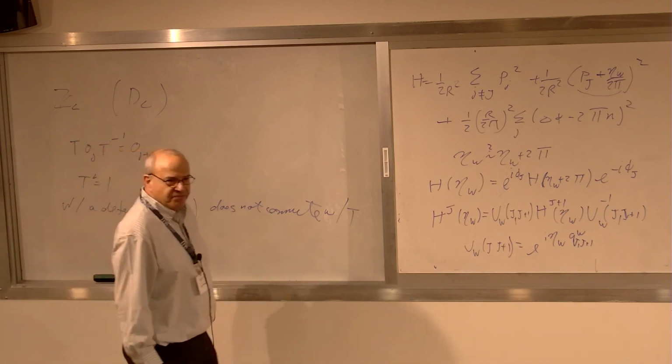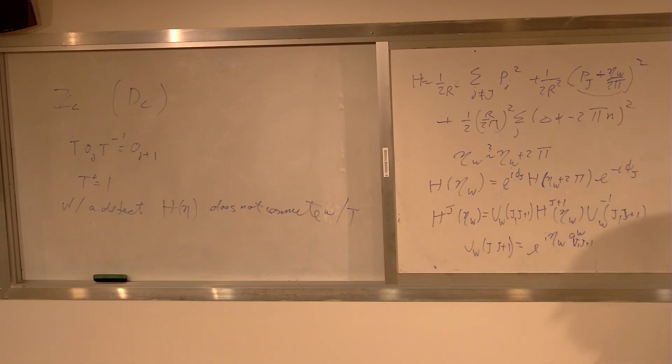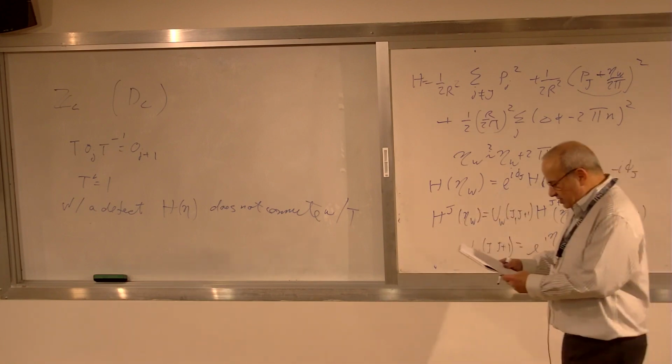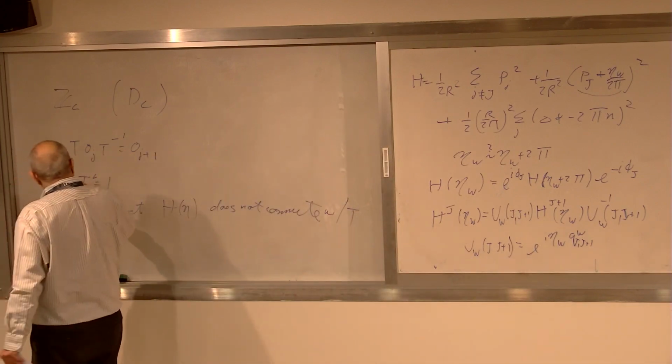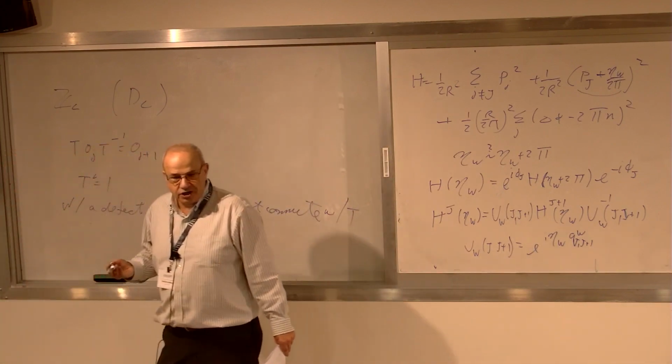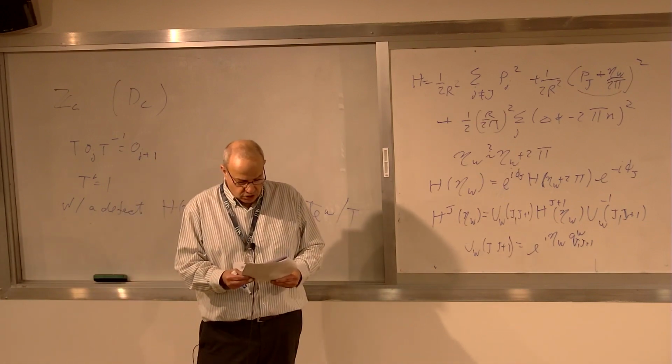However, I told you how to bring the defect back to where it wanted to be, because we have a unitary transformation that brings us back. So if I compose this T with a unitary transformation that shifts the defect, I could find something that commutes with the Hamiltonian.